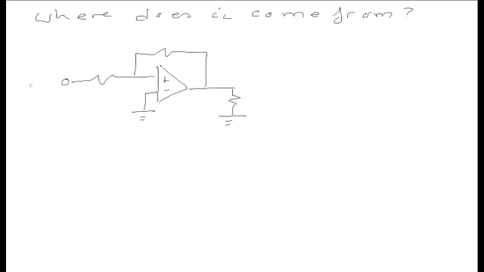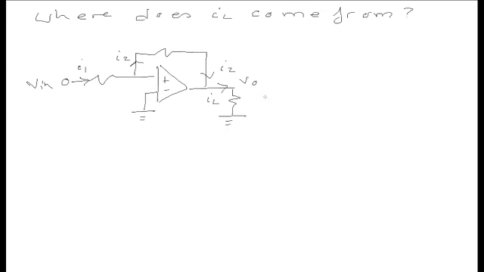Now, I had a current I1 here. Remember from the rules of the op-amp, no current goes through that op-amp. So I have I1 and I2. Following this along, I2 is coming this way, and I load is going that way.